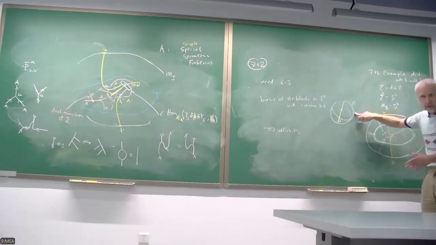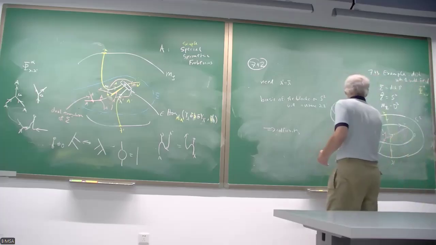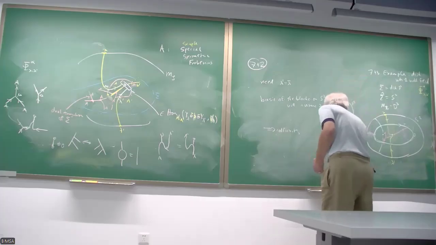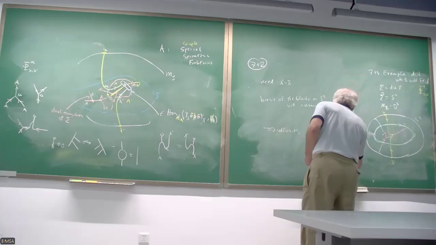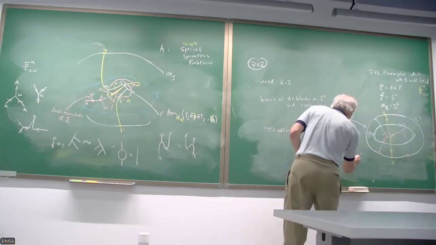I glue another 3-ball from the outside. By this, I get a 3-sphere. And in that 3-sphere, so if I glue this here, what I get is S3 with a ribbon graph inside, which looks like the following. I changed orientations here to make it look simpler.